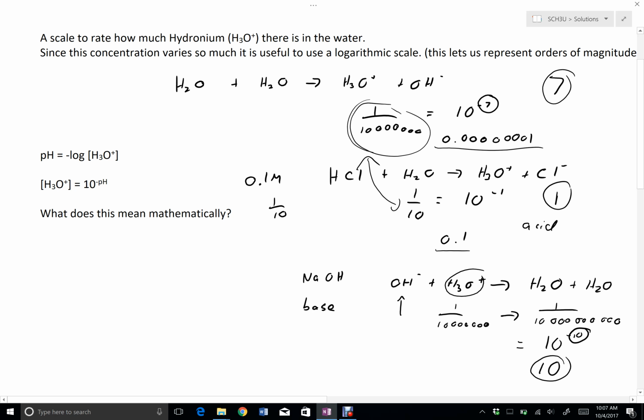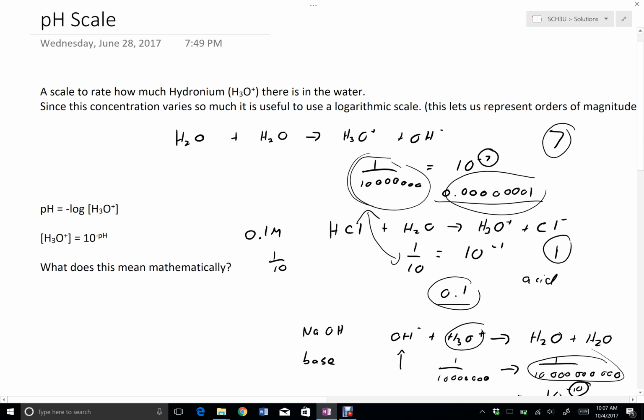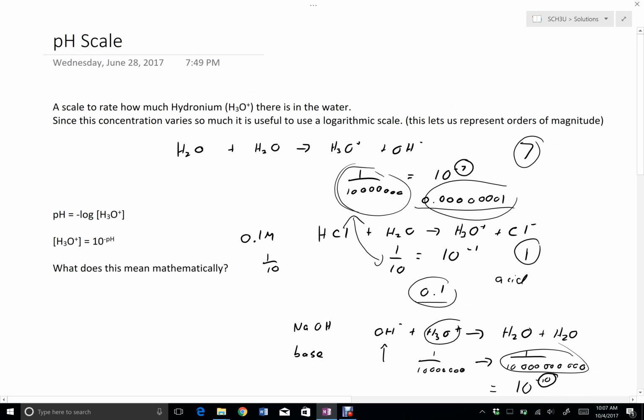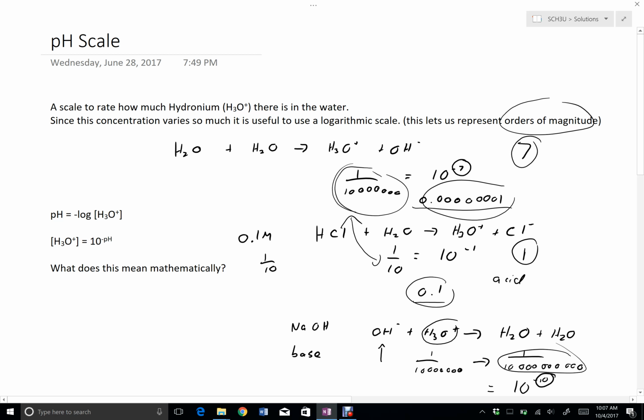So that sort of sets it up, and we can see why we're doing it, because these numbers are not really usable in terms of trying to communicate with the general public. So the pH scale really is just a logarithmic scale that represents order of magnitude, but really it's just to make the numbers easier to work with.